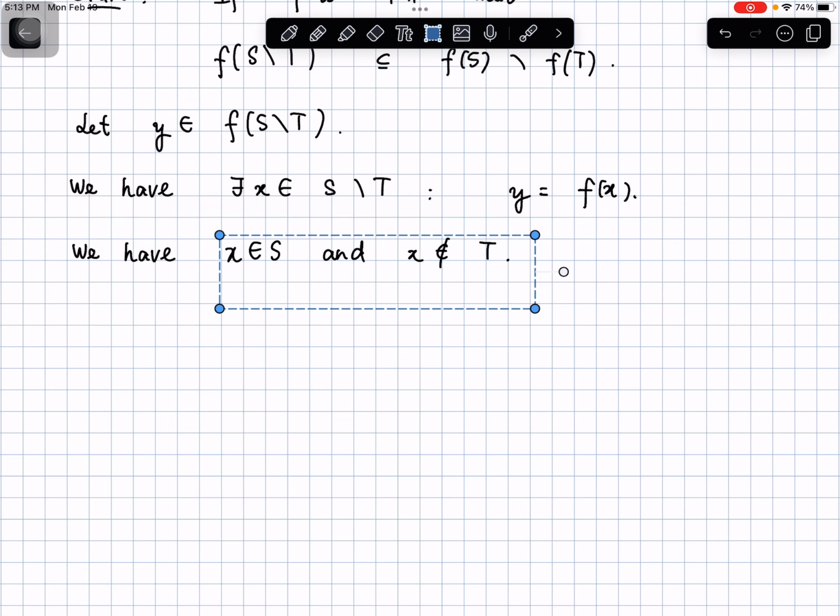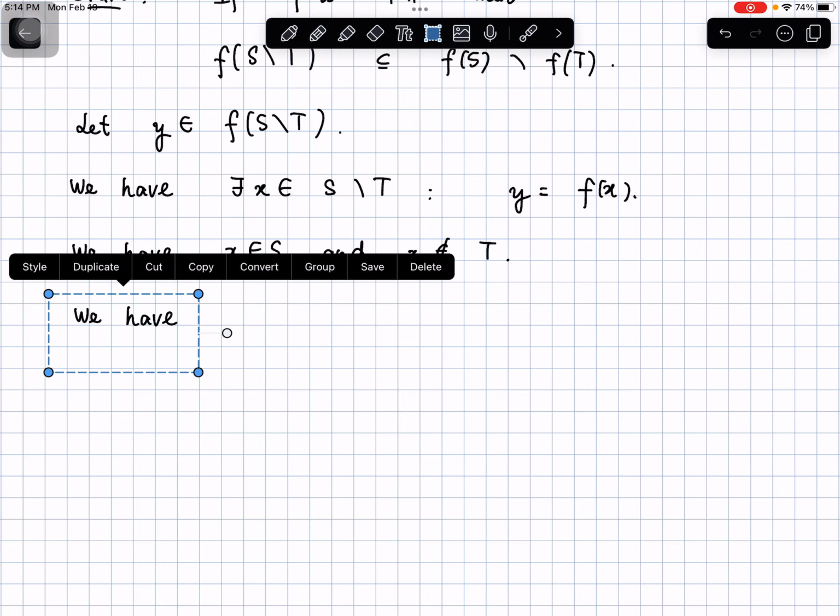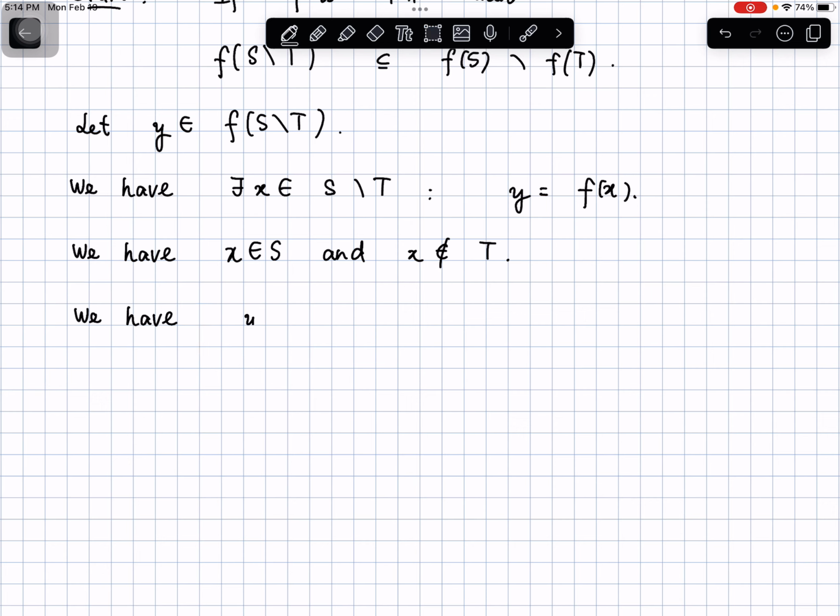Since x is in S, we then have f(x) is in f(S). But x is not in T, so we claim that f(x) is not in f(T).